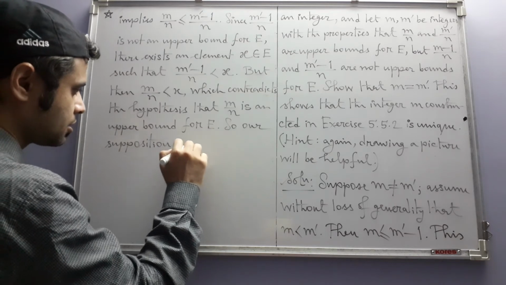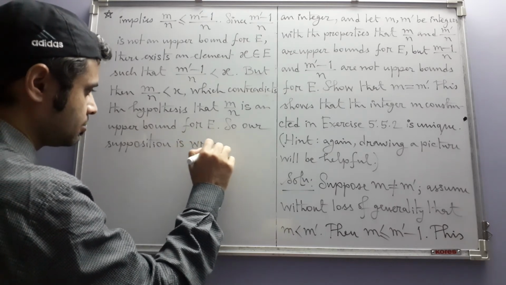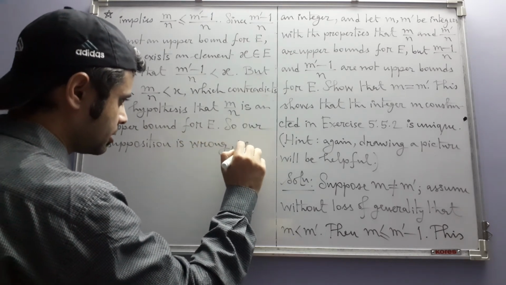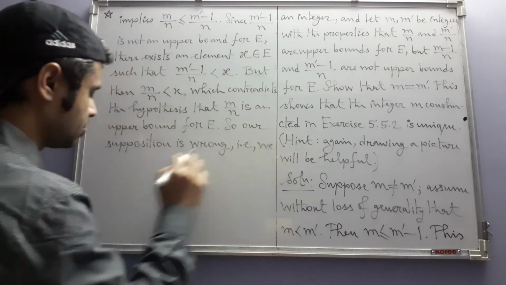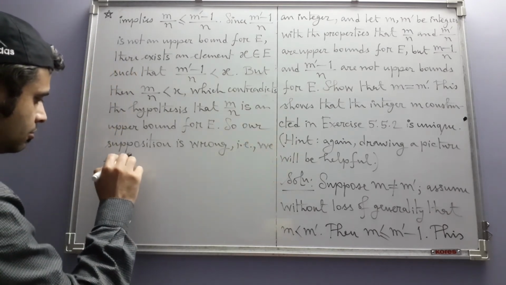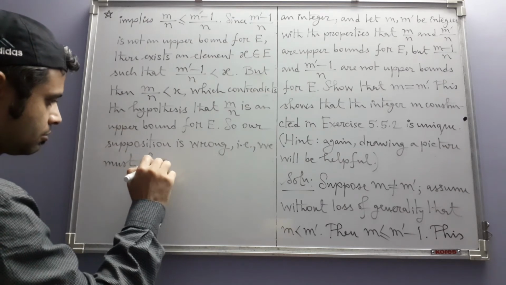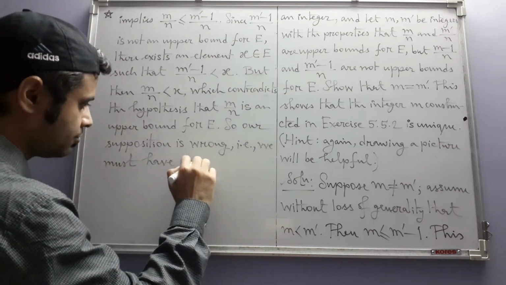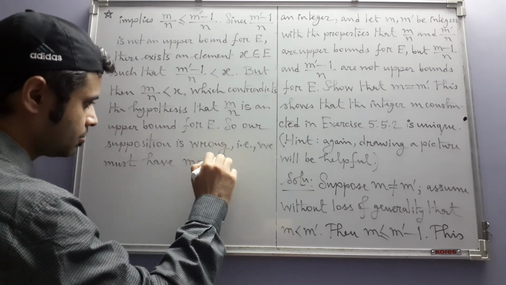So our supposition is wrong, that is, we must have m equal to m prime.